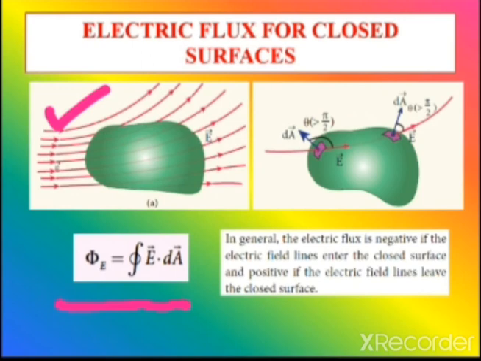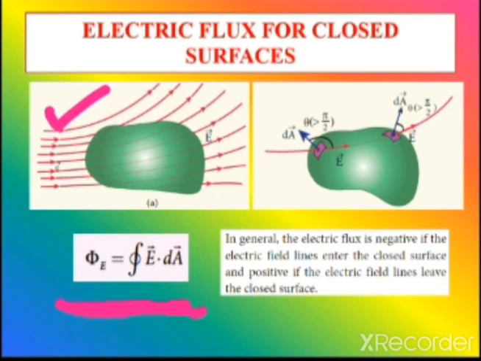Do you understand, students? The electric flux for a closed surface of entire area A is given by phi_E equals the closed integral of E vector dot dA vector.